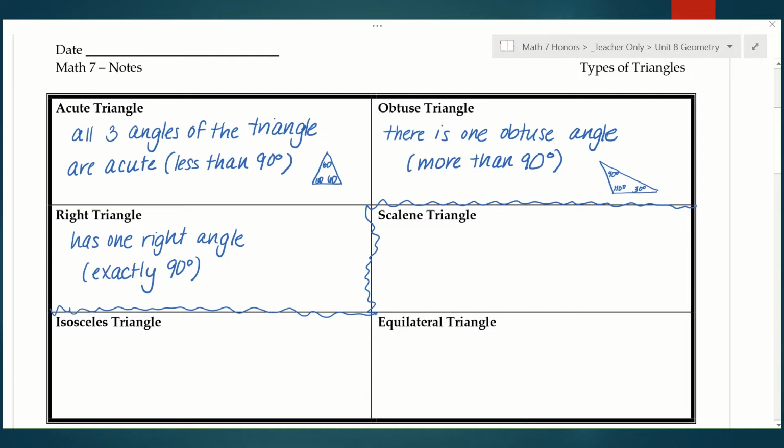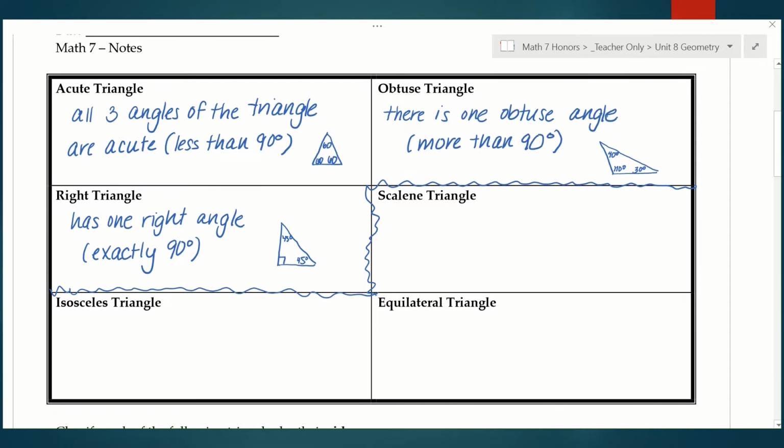So that has one obtuse angle. And then if I have a right triangle, that means that's 90 degrees, and we can say maybe these both are 45. So one right angle. Okay, so those are the three ways that you can classify a triangle by its angles.